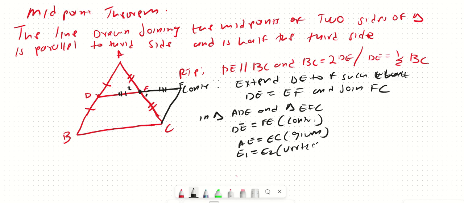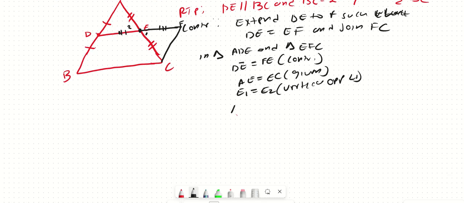Those are vertically opposite angles. With that given, I can say triangle ADE is congruent to triangle EFC.